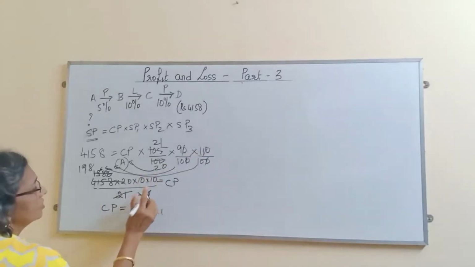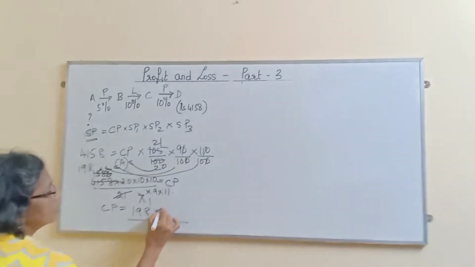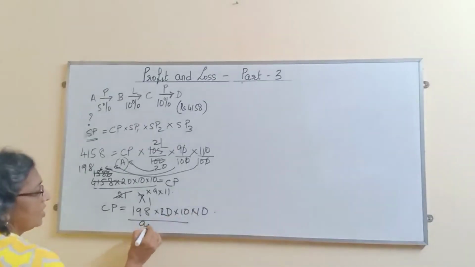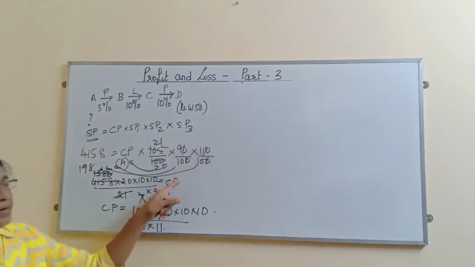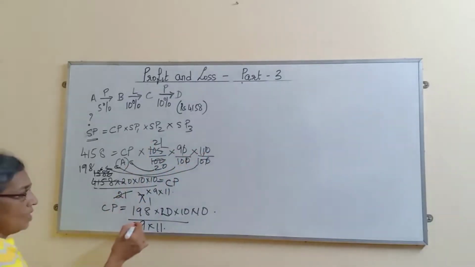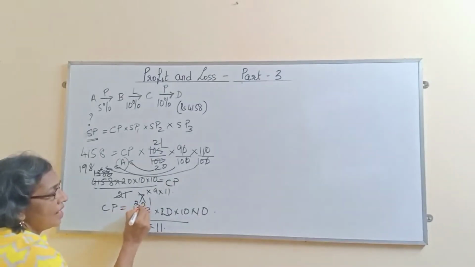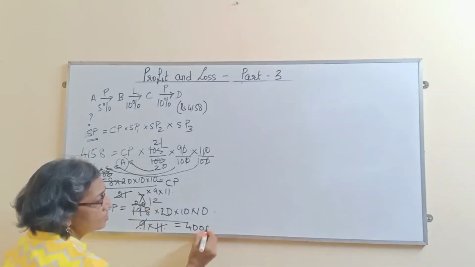This is again into 9 into 11. So this is into 20 into 10 into 10 divided by 9 into 11. Where did this 9 and 11 come from? Here. We first divided it by 21. So now you can calculate this. 9 2s are 18, 9 2s are 18, and you'll see that your answer is 4,000.